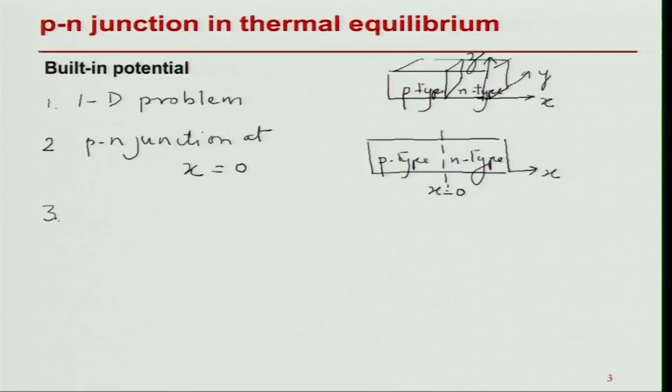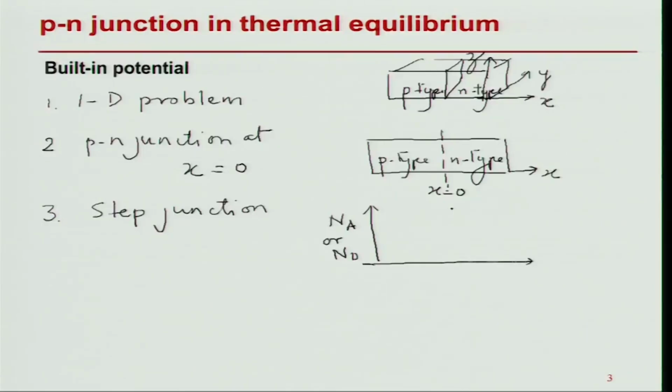The third thing that is assumed here is that my PN junction is a step junction, and this we will see later is not necessarily always true in a real device. By step junction, I mean, if I look at the concentration profile of acceptors or donors as a function of x, the concentration is uniform in the N type for donors as well as for acceptors.